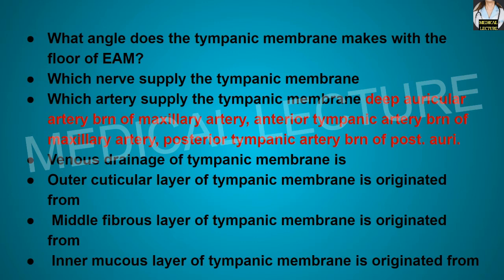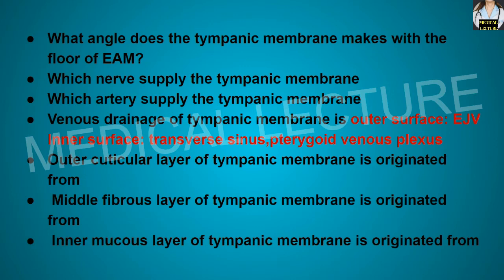Now the venous drainage of the tympanic membrane: the tympanic membrane is disc or oval in shape, so it has an outer surface and an inner surface. The venous drainage of the outer surface is the external jugular vein, while the inner surface is drained by the transverse sinus and the pterygoid venous plexus.